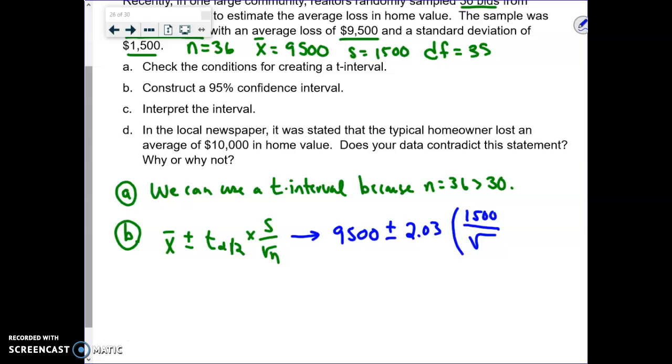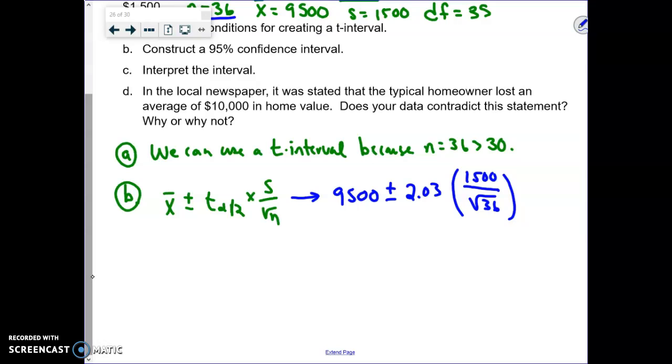Do not use the degrees of freedom, use a sample size of 36. I might go a little bit over 7 minutes on this one, but if I do, it's not going to be too much. So now after you do your calculating, we get 9,500 plus or minus 508.